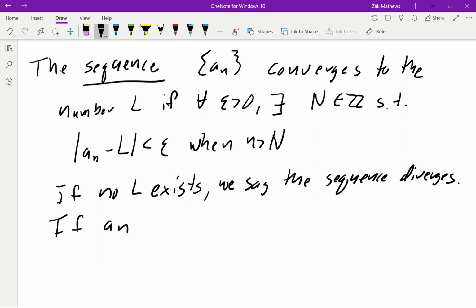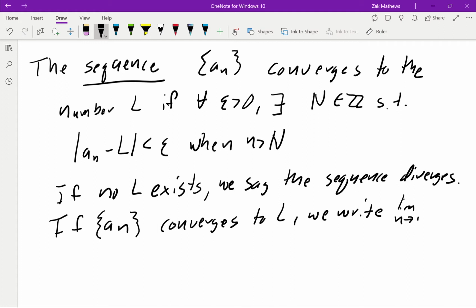If a_n converges to L, we write the limit as n goes to infinity of a_n is equal to L, because it is just a limit statement. That's all we're dealing with, a limit statement.